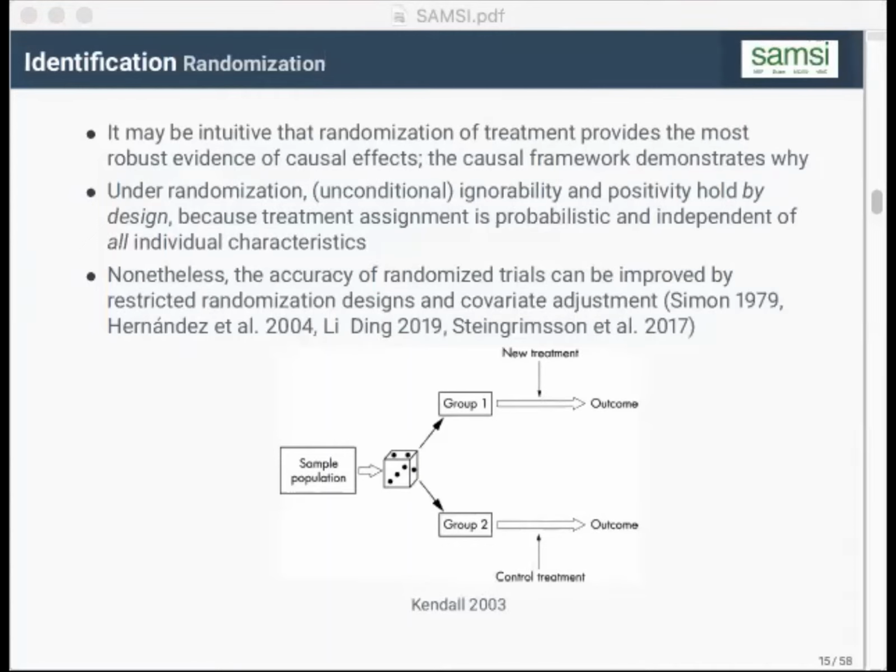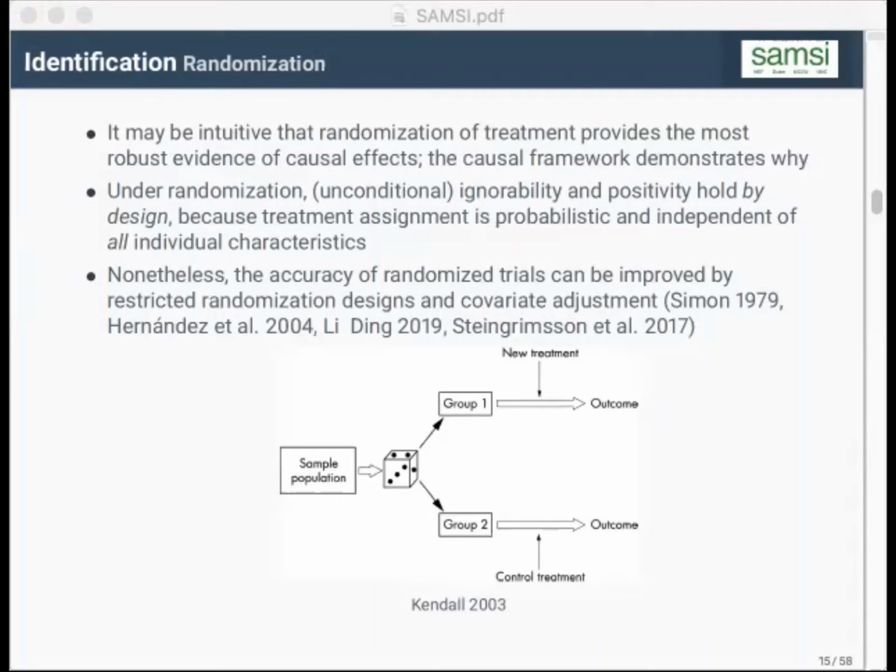Randomized trials are generally considered to be the gold standard for causal inference, and the identification strategy that we went through above shows why. In a randomized experiment where treatment assignment is determined by a flip of a coin or a random number generator, treatment by design is independent of all individual characteristics.